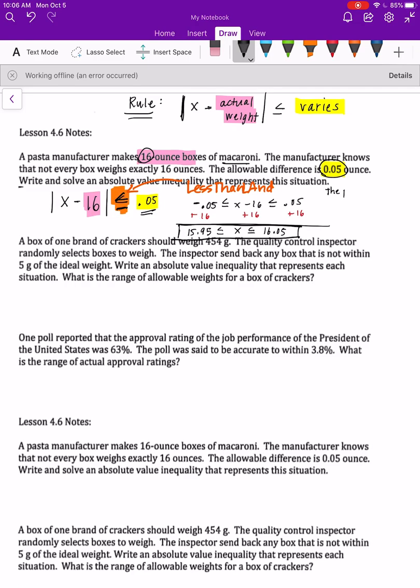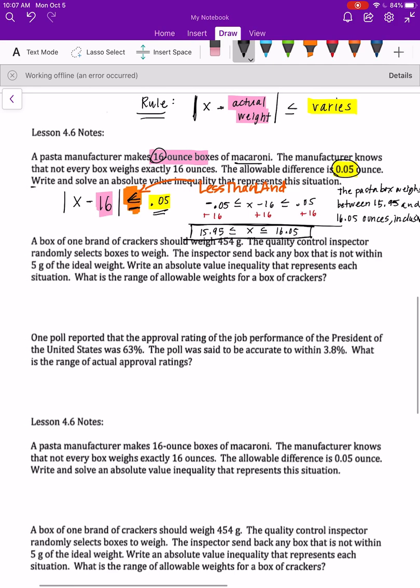So the pasta box weighs between 15.95 and 16.05 ounces, and then I'm going to throw in the word inclusive, meaning we include 15.95 and we include 16.05. And they all get solved that way.